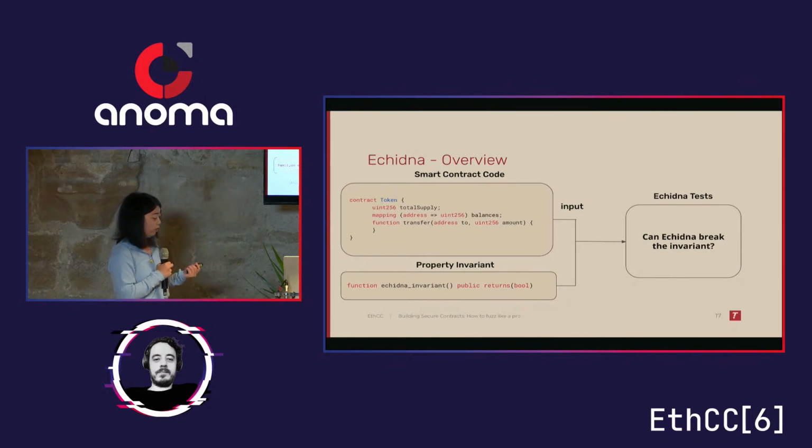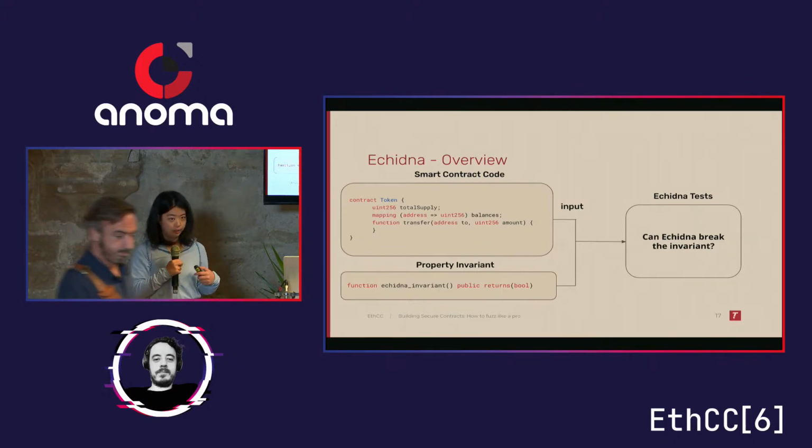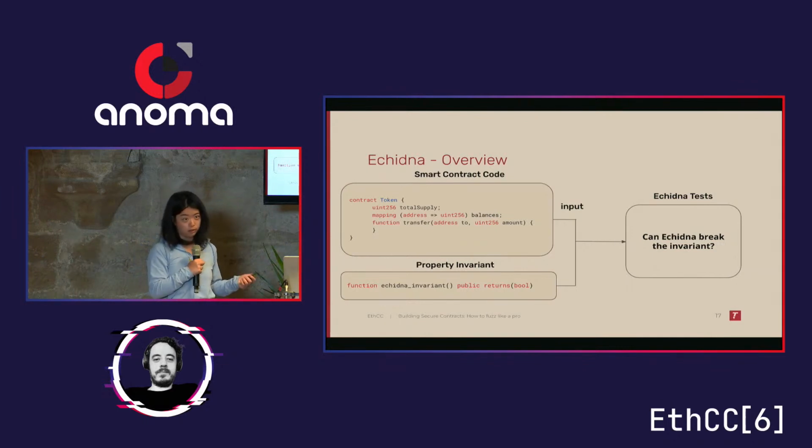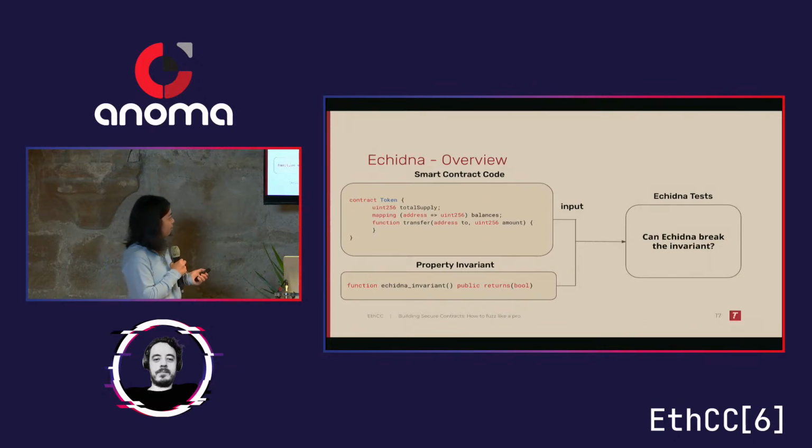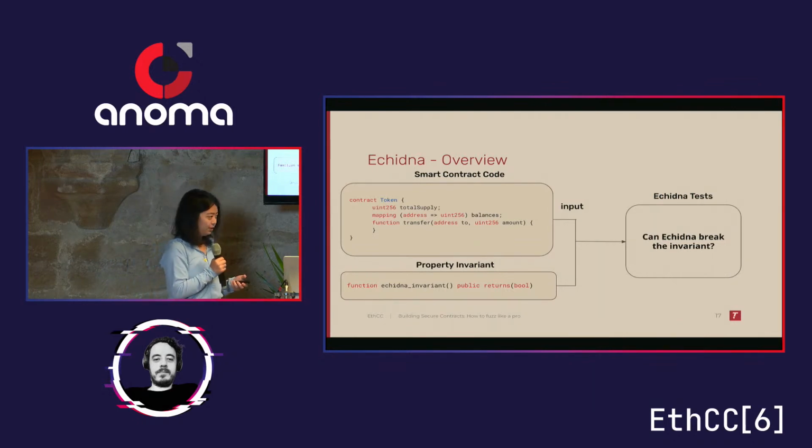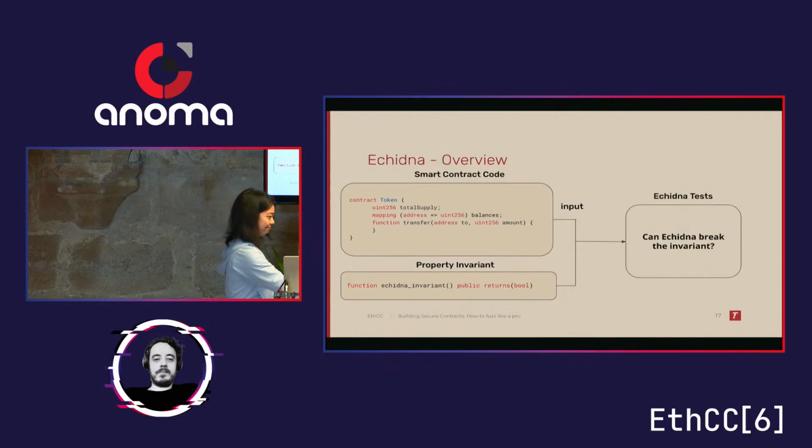It identifies the total supply, it identifies balances, and the fact that from a transfer function there is the opportunity for these balances to change. The property invariant we're going to get into in the first exercise, but with Echidna we're essentially going to determine whether Echidna can find a property violation of the property invariant. So, pass it on to you.